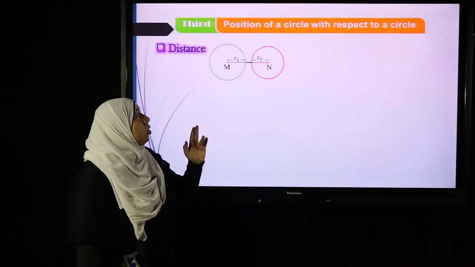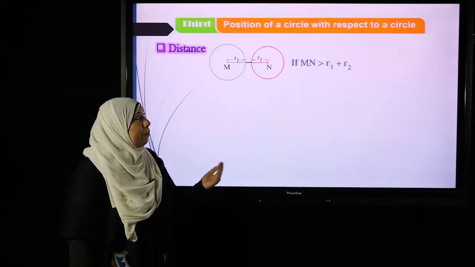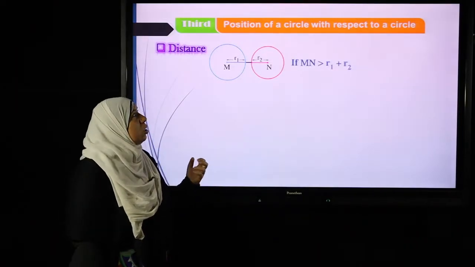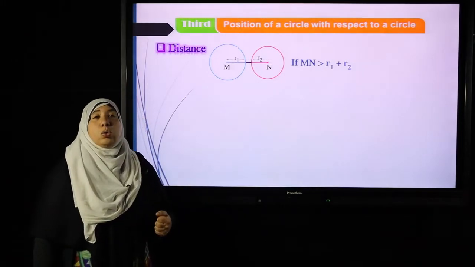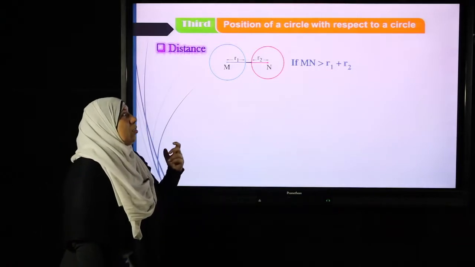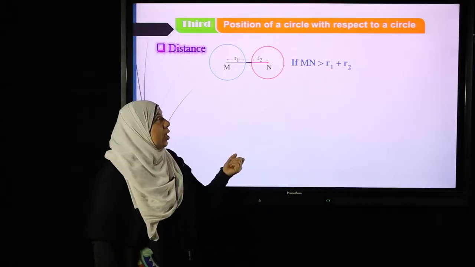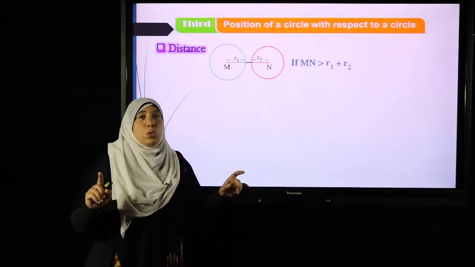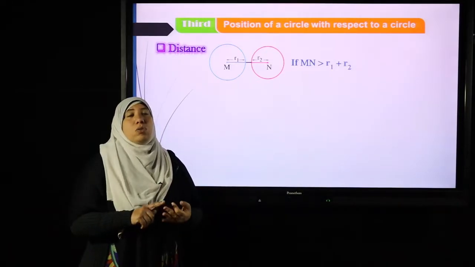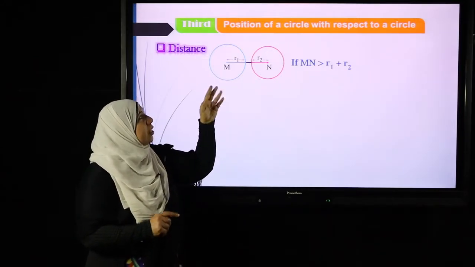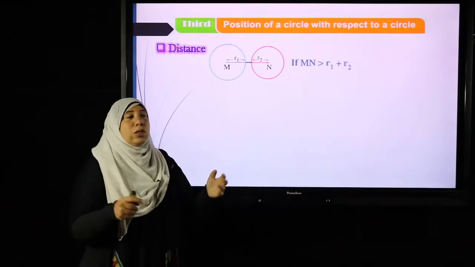So if the distance between their centers is greater than the sum of the 2 radii, these 2 circles are called distant circles. I determine the position using the line between their centers and the 2 radii.